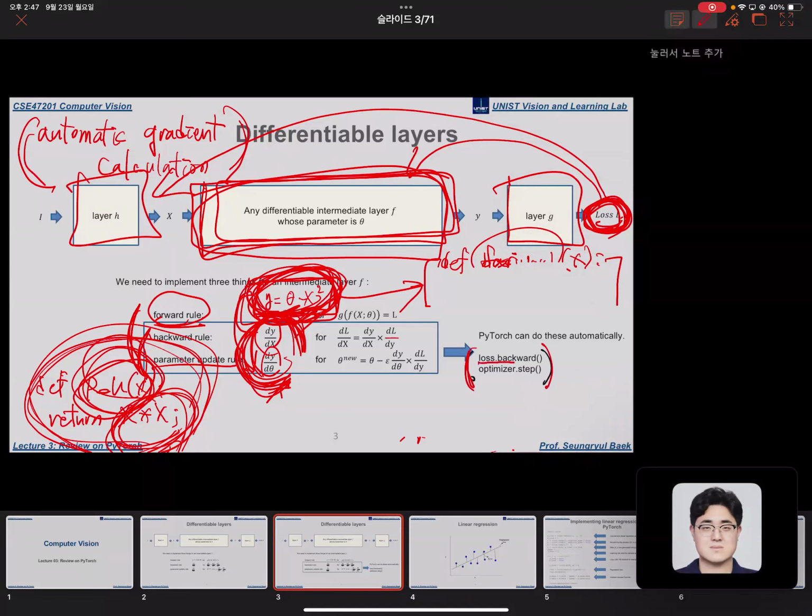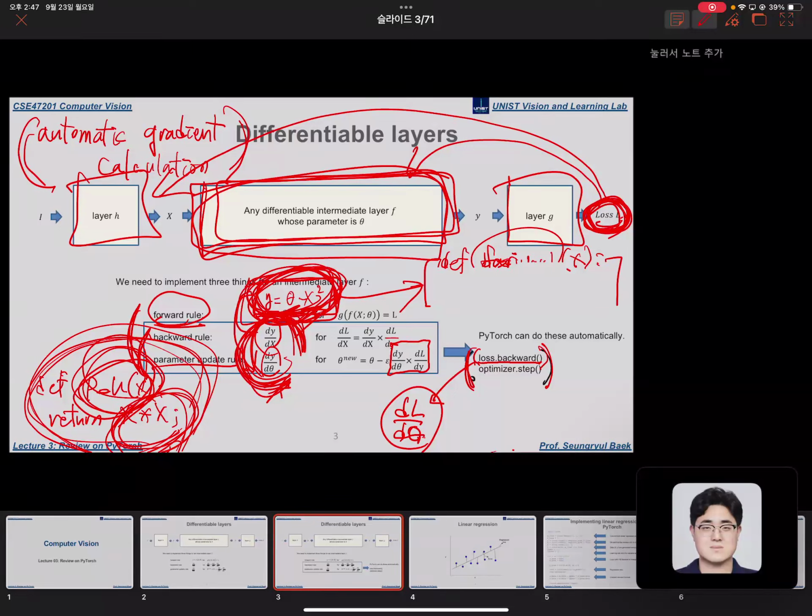If you call loss.backward, it calculates dL/dθ for every parameter. So these values are calculated for all the parameters if you call this loss.backward function.